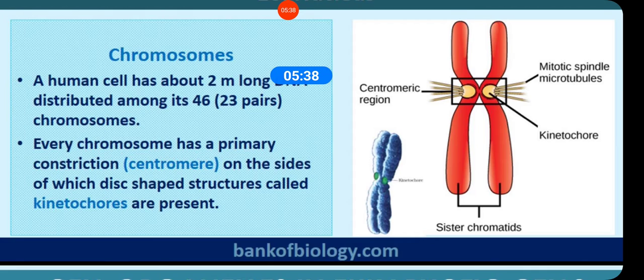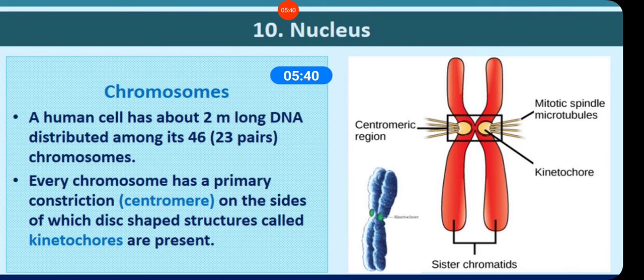The human cell has about 2 meters of DNA which is distributed among its 23 pairs of chromosomes. When chromosomes are opened, they open into DNA segments, and those DNA segments are called genes.